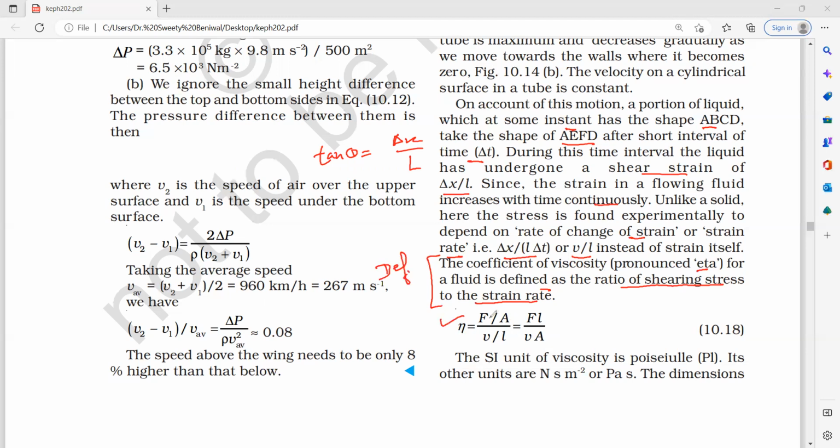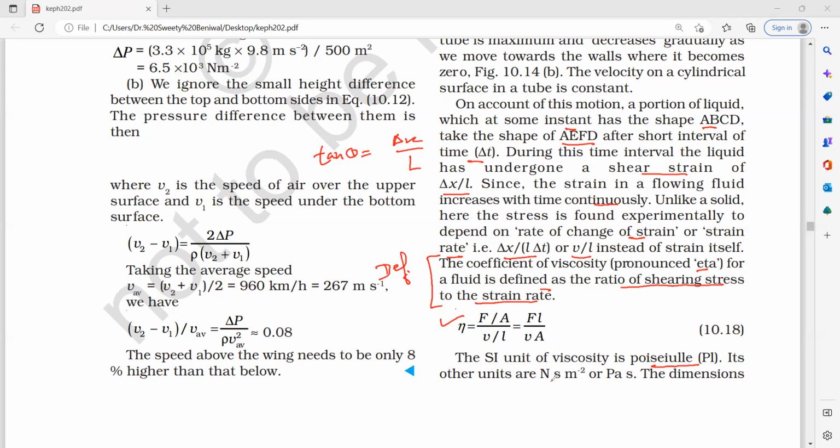Eta is shearing stress, stress is force by area, and strain rate, velocity over L. So F into L, v into A. The SI unit of viscosity is Poiseuille, represented by PL.